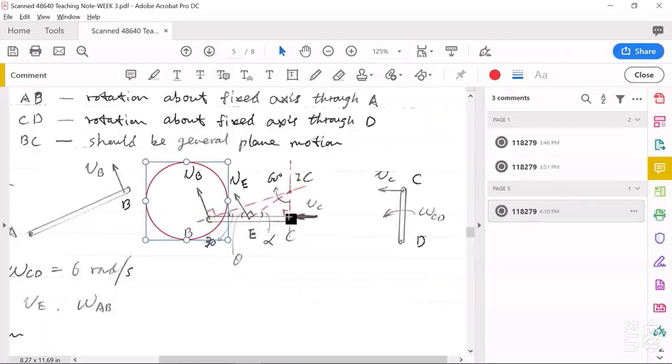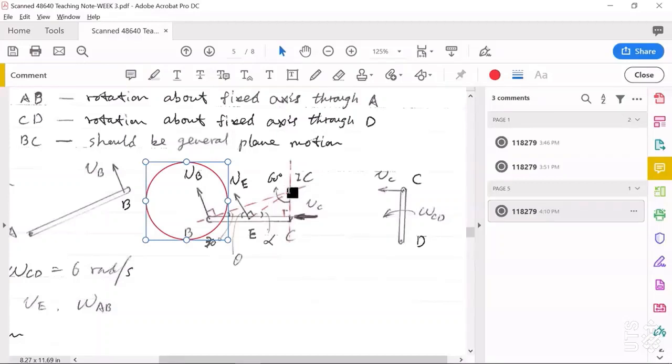Then we can draw one line going through point C perpendicular to VC, and another line perpendicular to VB going through point B. So these two lines will give us an IC point here.